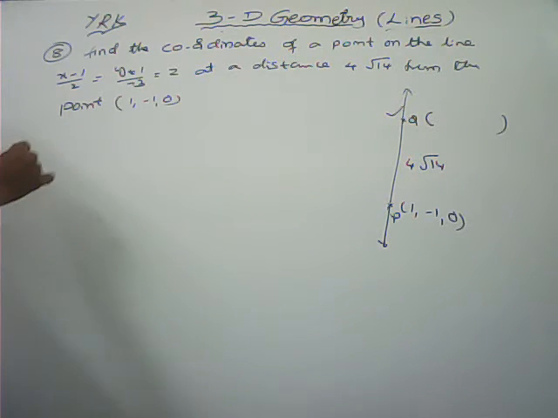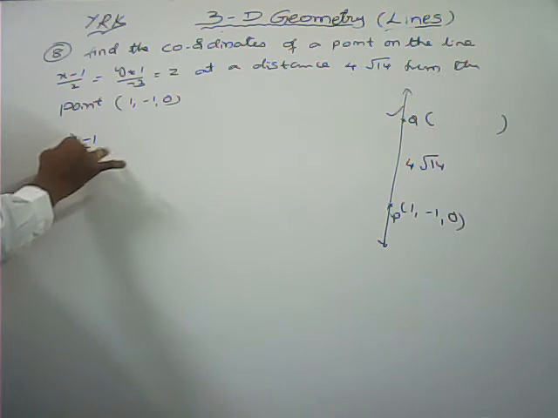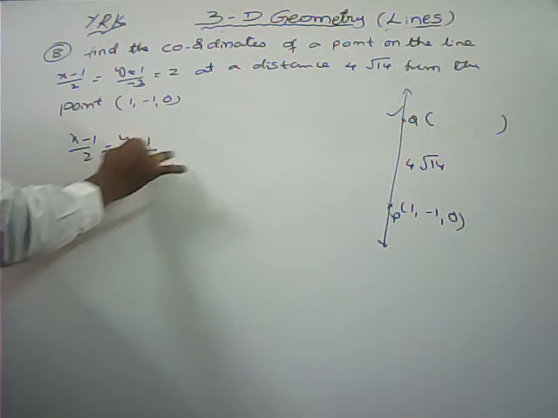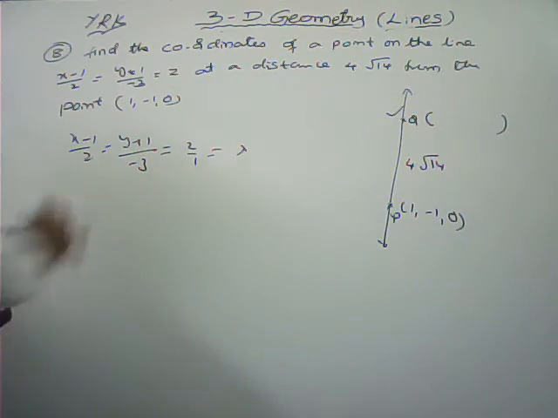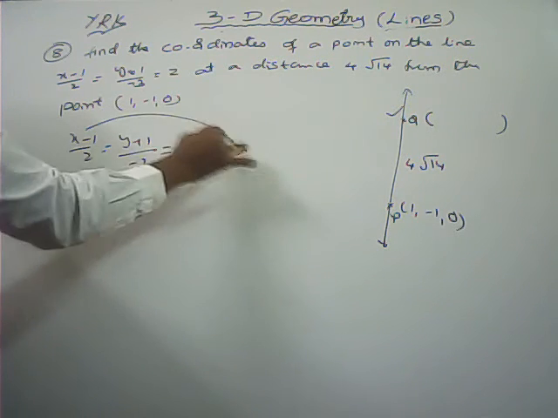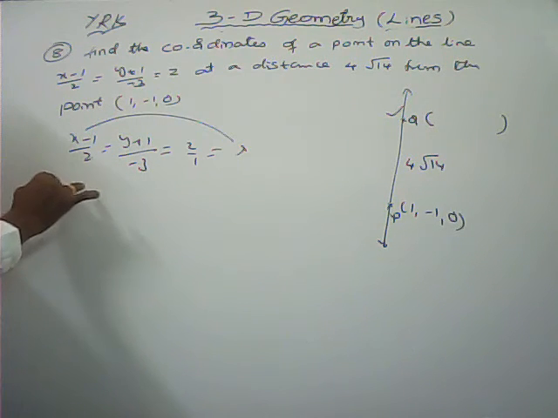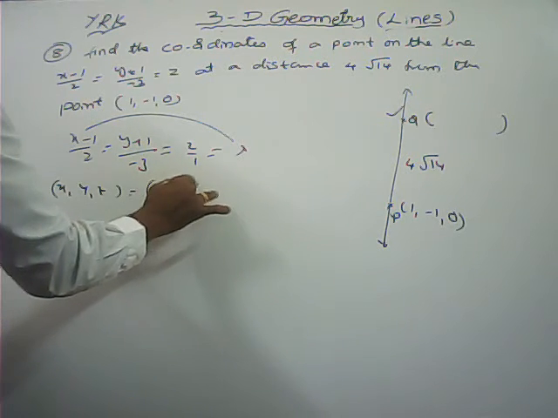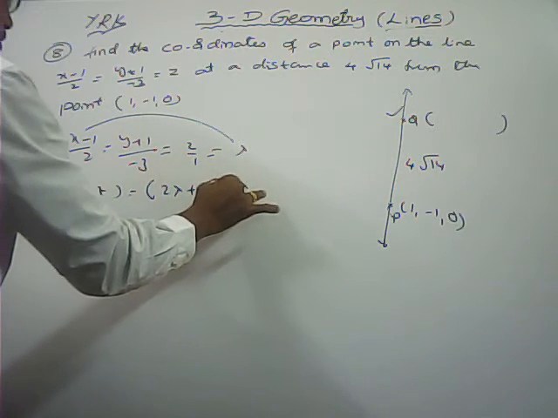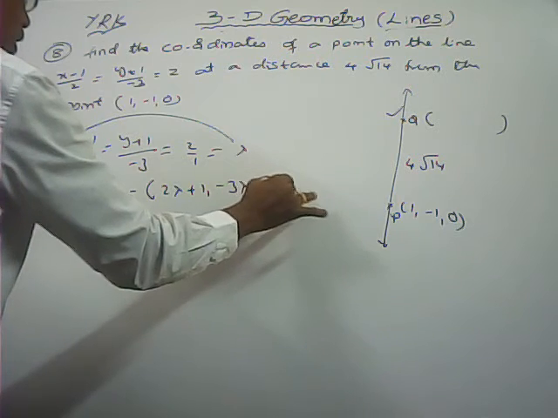So here if the equation of any line is given, we can write any point on that line, by equating all three to lambda. Lambda is one of the parameters. By equating these, we can get parametric equations. I am writing x, y, z, any point on that line: 2 lambda plus 1, minus 3 lambda minus 1, lambda.